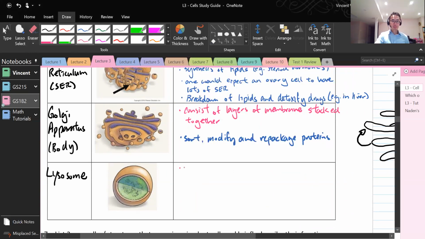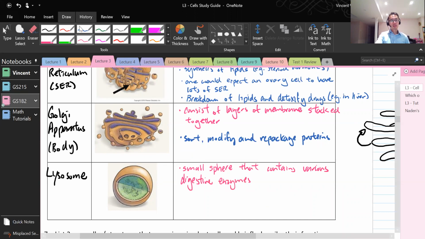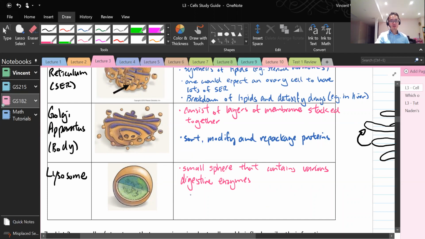It's a small sphere, a small vesicle, that contains various digestive enzymes. And in terms of function, what it does is it can break down macromolecules.